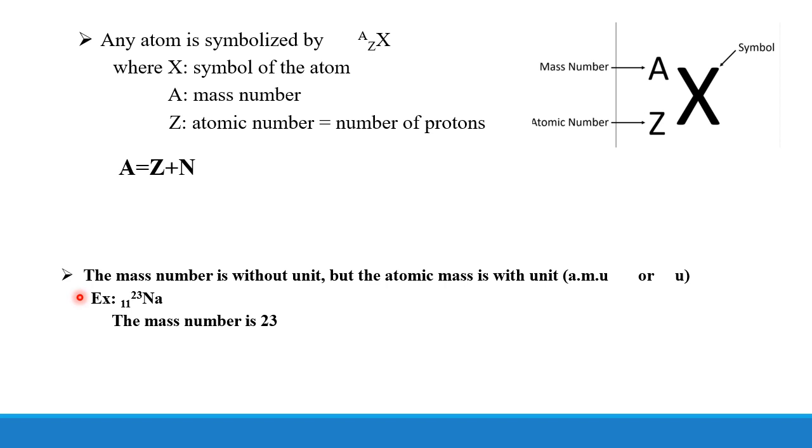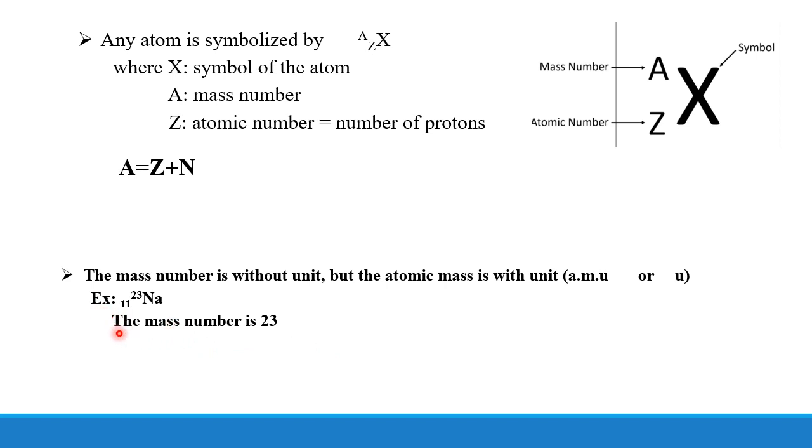Also, we should know that the mass number is without unit. Mass number doesn't have unit, whereas atomic mass is with unit. What do we mean by atomic mass? Atomic mass is this A with the unit amu, or u, which is the unit of the atomic mass.